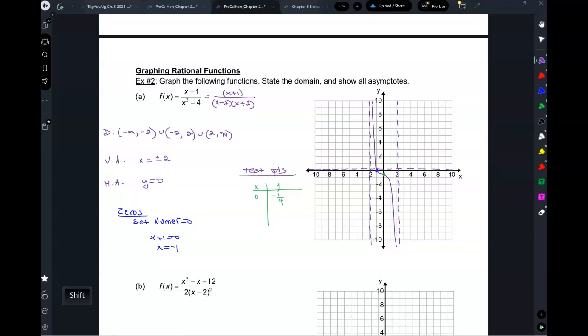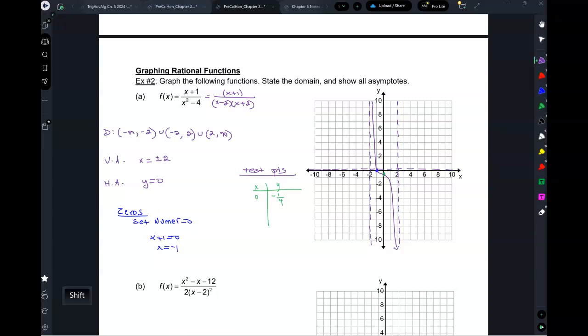Okay, so now the rest of the parts. You could again plug in test points, but take a look. This is like one of those video games, right? The video games where the character exits the screen from one side and then re-enters from the other side. So if it exits from the bottom to the right, to the left of the asymptote, it has to re-enter at the top to the right.